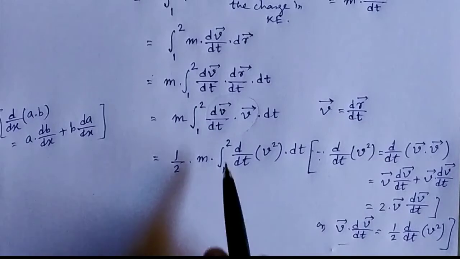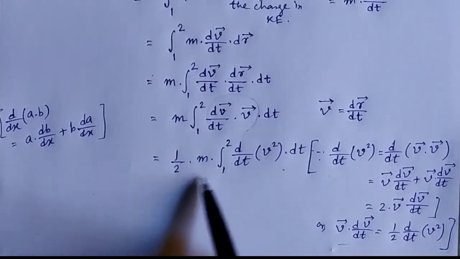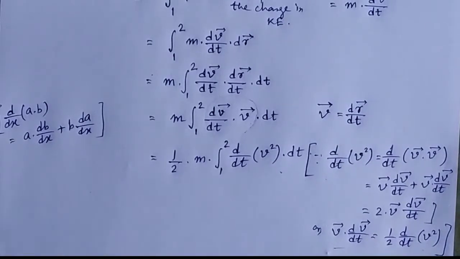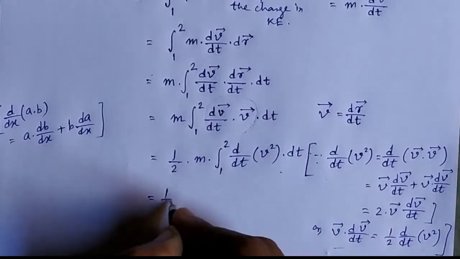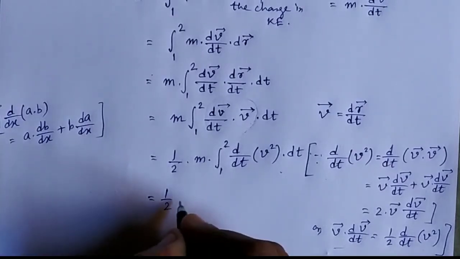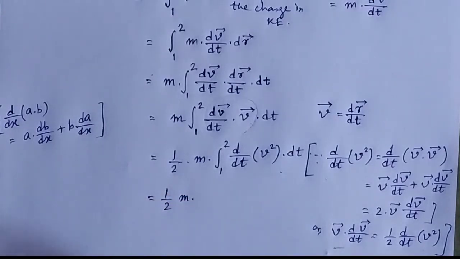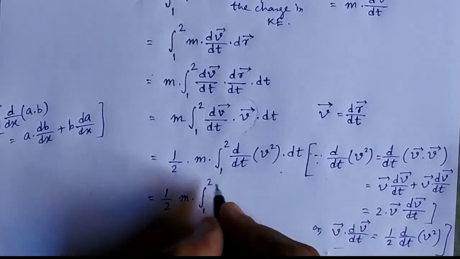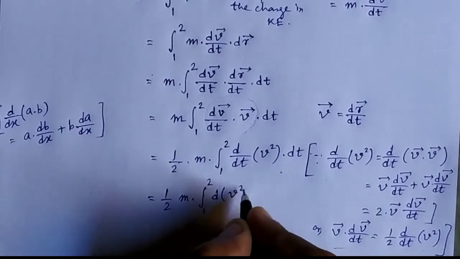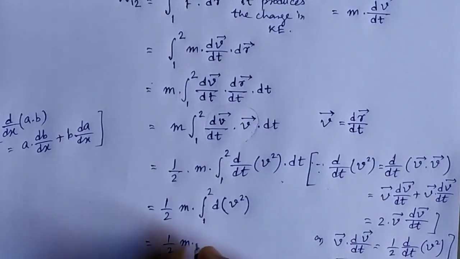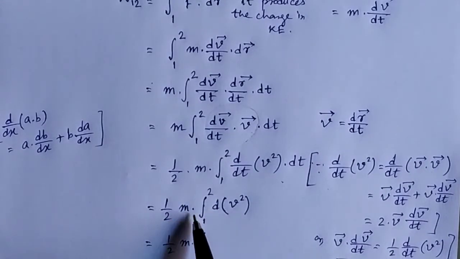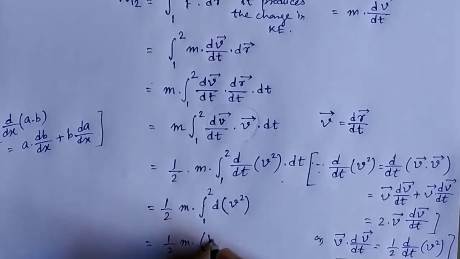Now this is equal to half m. Here dt and dt cancel out and we get the integration from 1 to 2 of d of v square times half m. Putting in the limits, the result becomes v2 square minus v1 square.